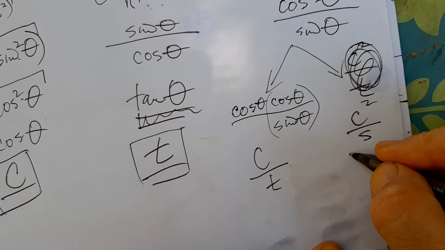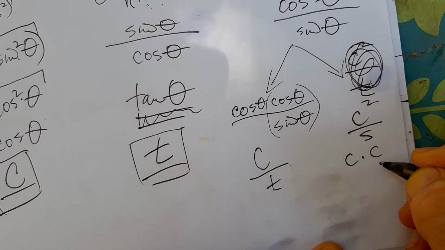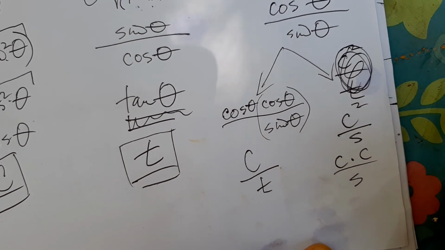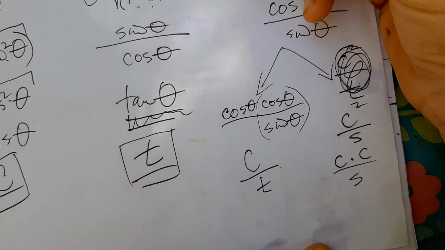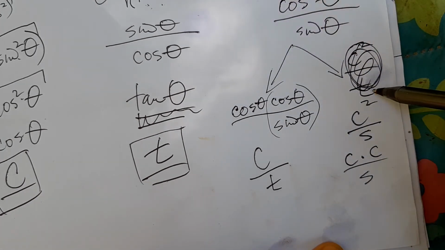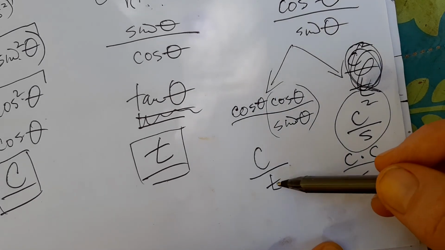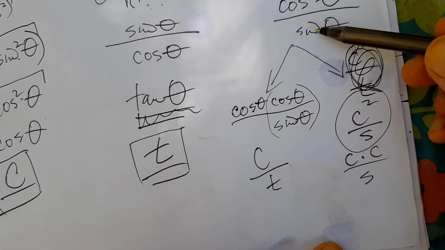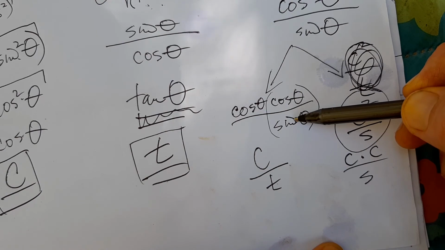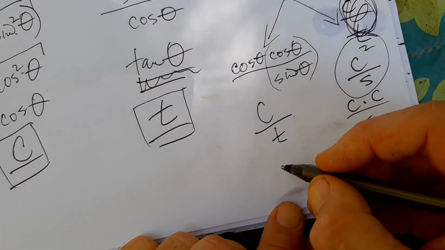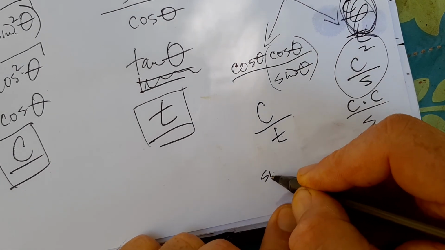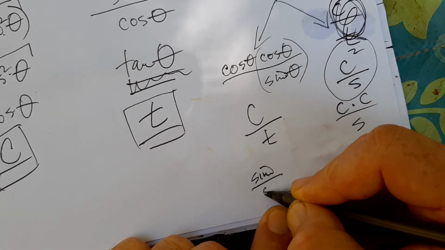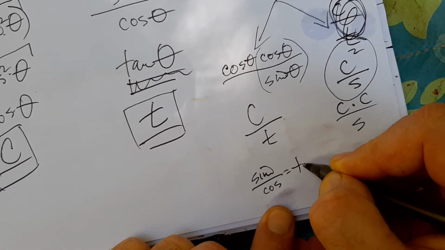But let's see, that's c times c over s. And I know tangent, maybe you should just leave it right here. But I know this has got to be correct because sine over cosine equals tangent.